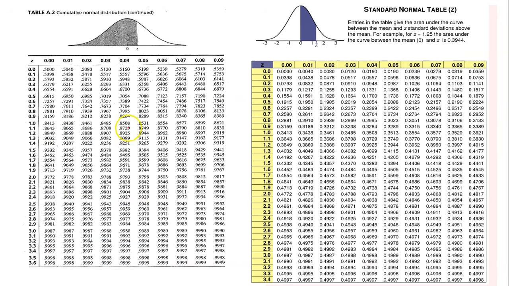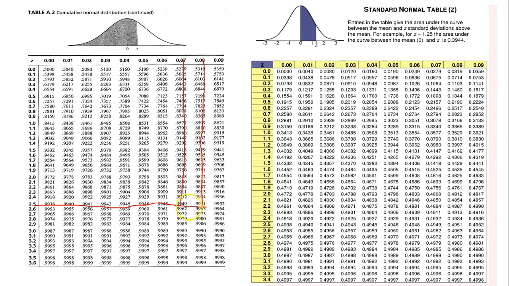Let's check the full one first. 0.9950. So we look out for 0.9950, which will be between 0.9949 and 0.9951. So we take the z-score of 0.9949, and then we also take the z-score of 0.9951 and find their average.